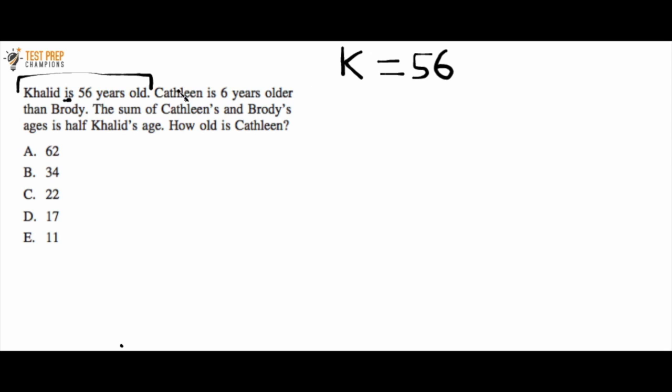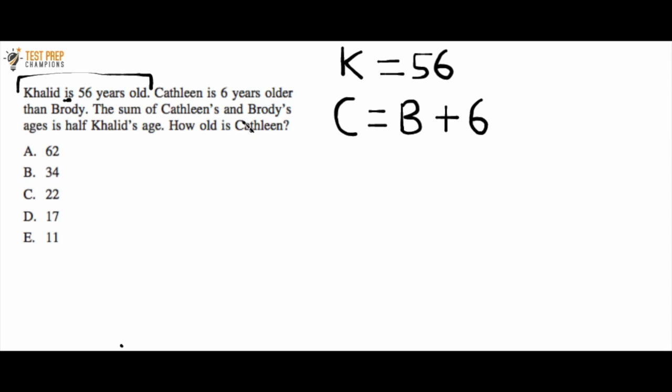Okay, so then let's go on to the next sentence. The next sentence says Kathleen is 6 years older than Brody. So let's put a c for Kathleen, and let's say that Kathleen's age is equal to Brody's plus 6, because it says Kathleen is 6 years older than Brody.